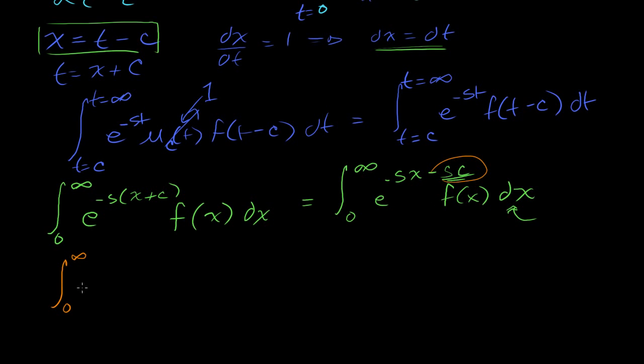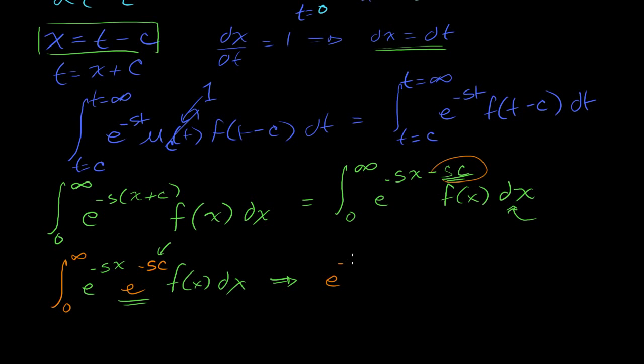Actually, let me write it this way, as e to the minus sx times e to the minus sc. Right? Common base. So if I were to multiply these two, I could just add the exponents, which you would get that up there, times f of x dx. This is a constant term with respect to x, so we can just factor it out right there.